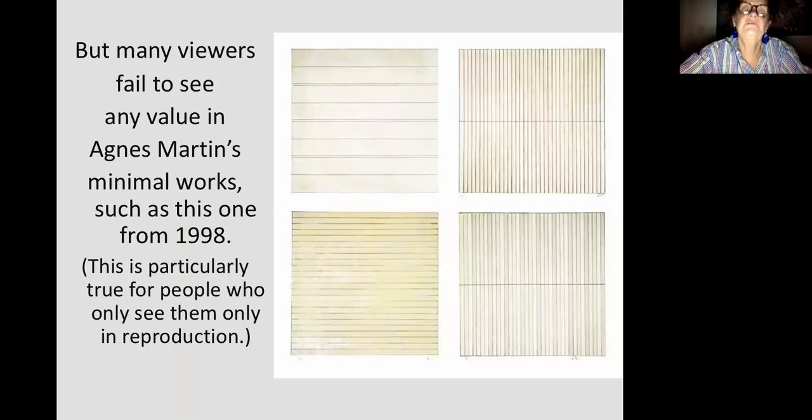Many viewers can't get into Agnes Martin's work at all, especially people who see them only in reproduction. So much minimal art requires direct experience that a lot of people who are only seeing art in reproduction don't get minimal art. And it has been very controversial and been protested indeed.